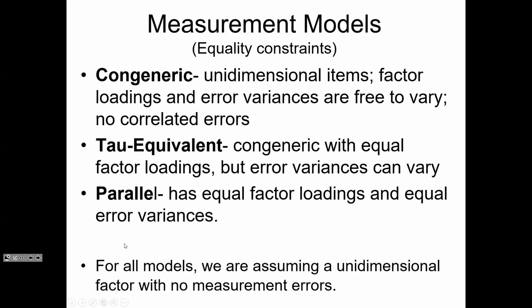So in the code I'm going to show you, we're going to fix the variance of the factor to be 1, and then we're going to constrain the loadings to be equal to each other. In the code that I'm going to show you, it works a lot better if you fix the factor variance, for the tricks that I'm going to show you. Fixing the factor variance is definitely the way you want to go.